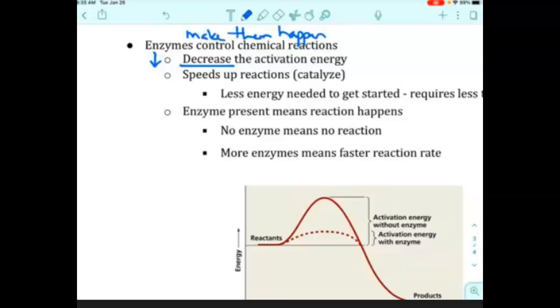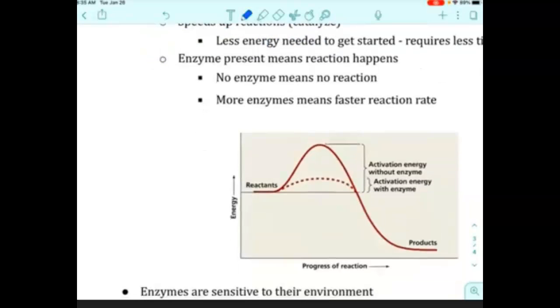You guys remember from Jenna telling us it's the peak, right? The activation energy is the peak on the graph. And so in this graph down here, this solid line represents the reaction with a high activation energy. That means the reaction is going to be slow.